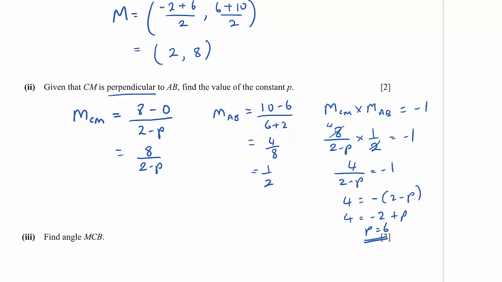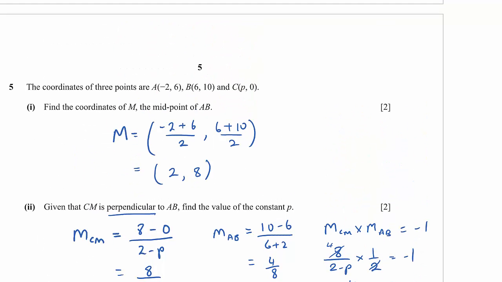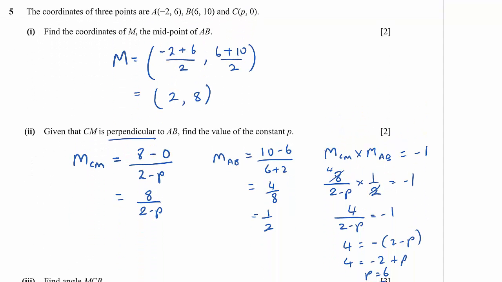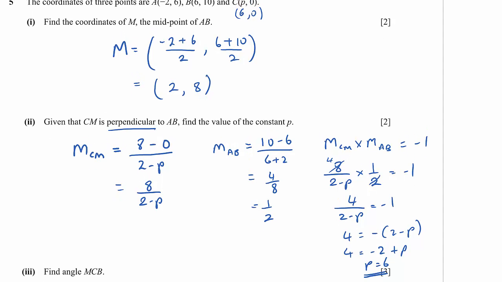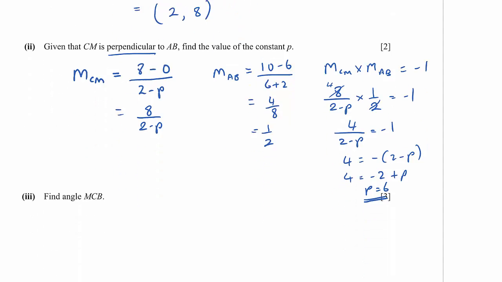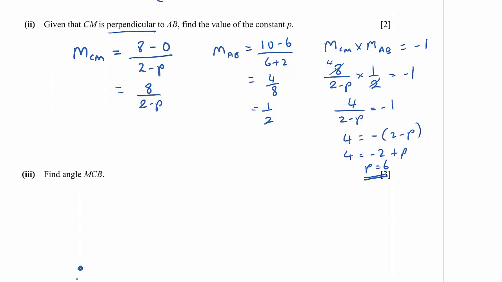So finally we want to find the angle MCB. Okay, so C we now know is at (6, 0). M is at (2, 8), B is at (6, 10). So let's just draw a quick sketch. So let's say this is C at (6, 0).